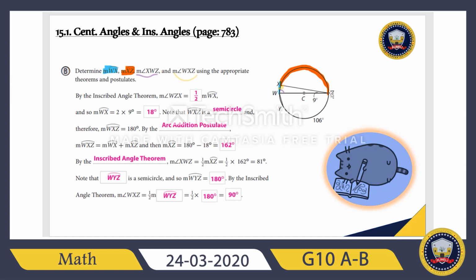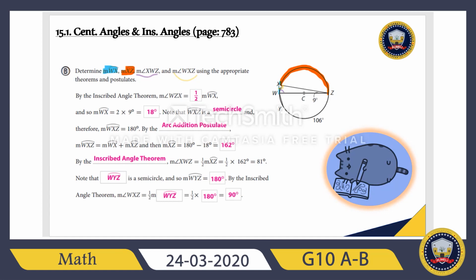All right, let's start from the arc WX. What is the measure of my WX? Look, it is with this inscribed angle that is WZX, right? And its intercepted arc.